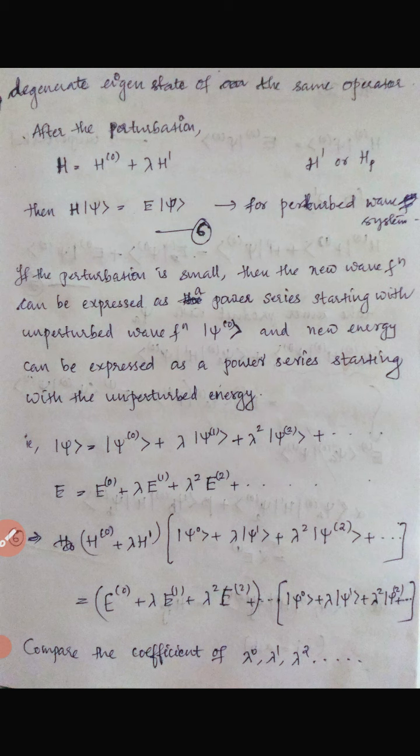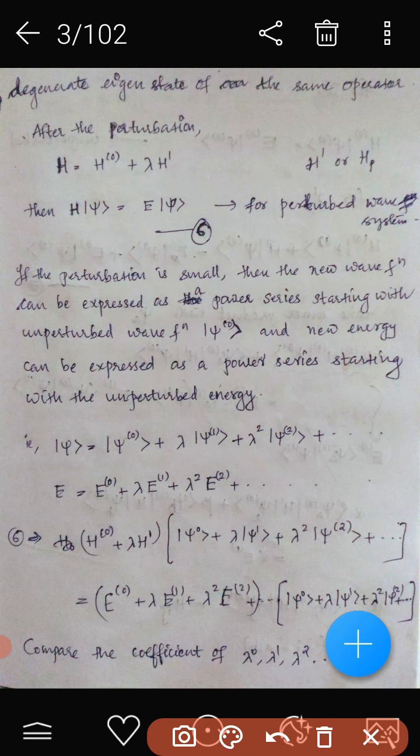Now we can apply some perturbation on the system. After the perturbation, the Hamiltonian becomes H equal to H0 plus lambda H prime. In the previous class, for non-degenerate perturbation theory, I used HP instead of H prime. You can use either notation, HP or H prime; here I used H prime.